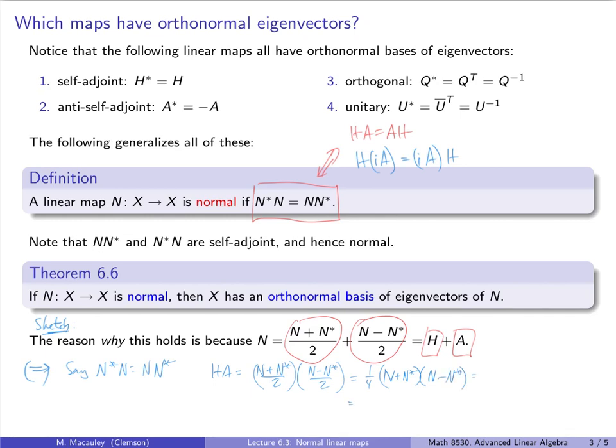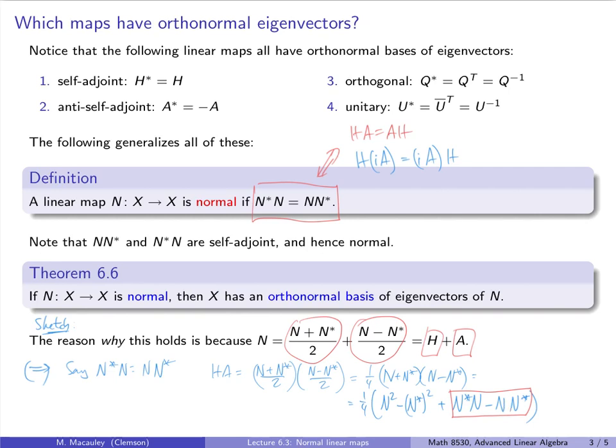And this is, let's do it down here, 1/4 (N squared minus N star squared plus N star N minus N N star). So if N and N star commute, then these will cancel.